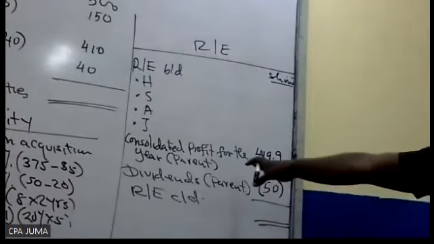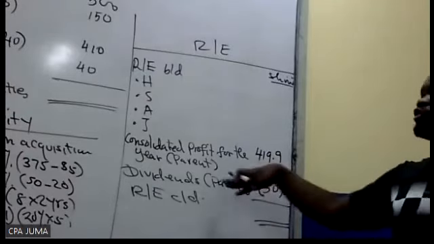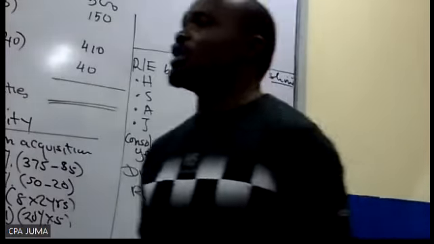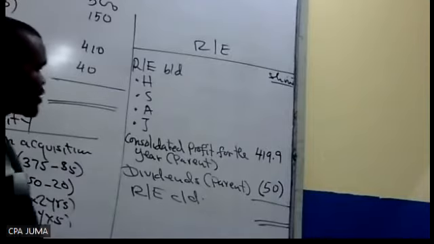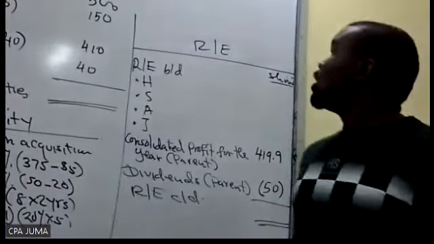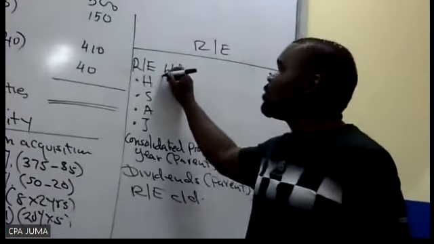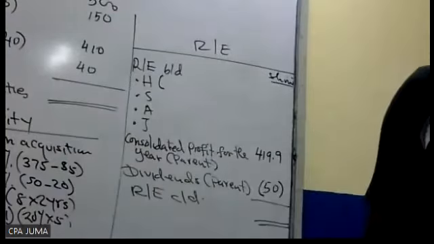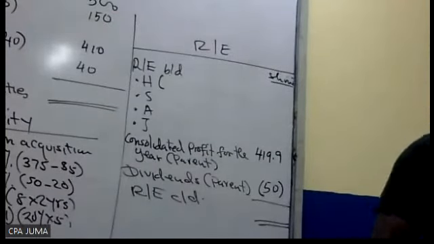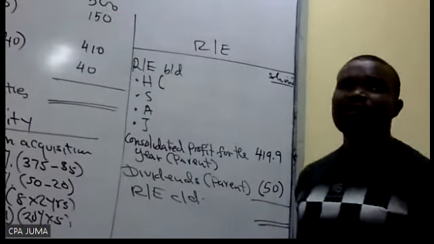Yes, the profit for the year attributable to parent. That is 419.5. Correct. Then do the parent again. How much is the retained earnings brought down for the parent company?